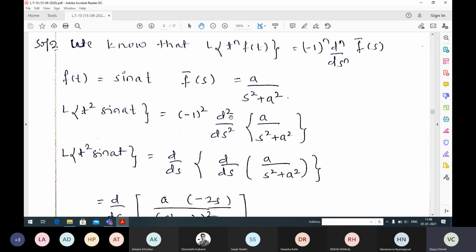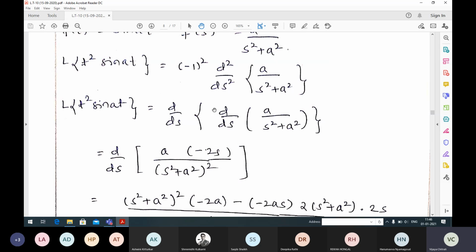Now d square by ds square means differentiate this with respect to s two times. First we write d by ds of a divided by s square plus a square.